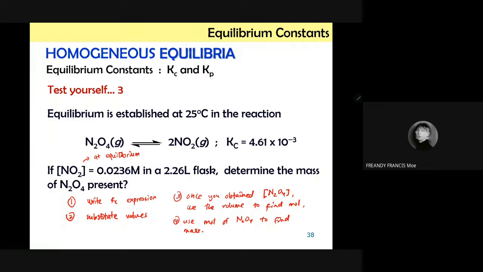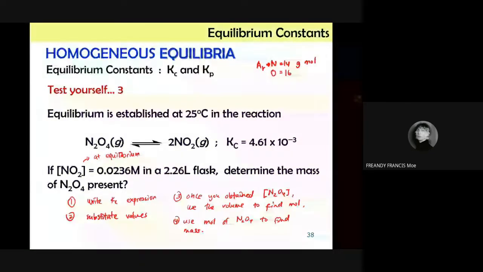Okay, so Ar dia, molar mass of N adalah 14, O adalah 16 grams per mole. Okay, so I want you to try to do this, follow the step here.